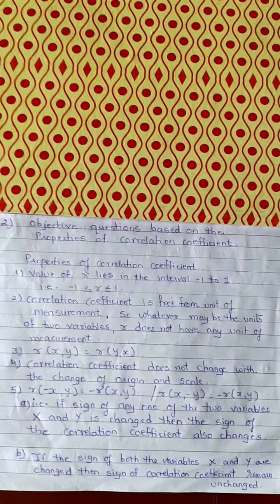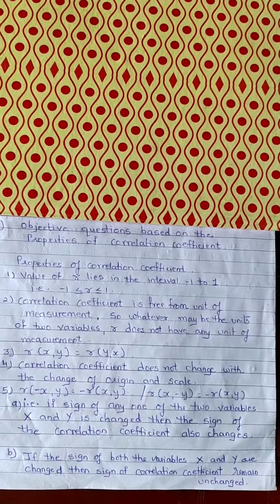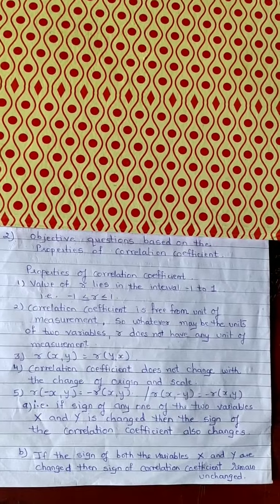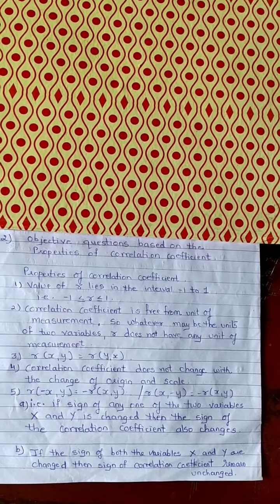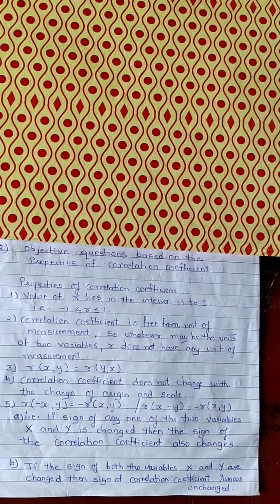The fourth point, correlation coefficient does not change with the change of origin and scale. So whether you add, you deduct, you multiply or you divide, r is not affected. And the last property, r(-x, y) equals minus rxy, or r(x, -y) equals minus rxy.